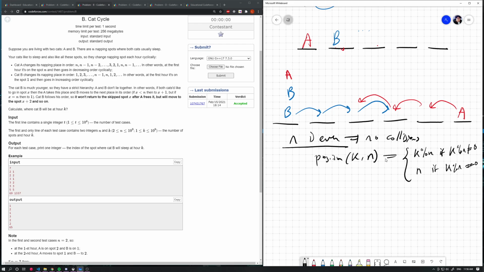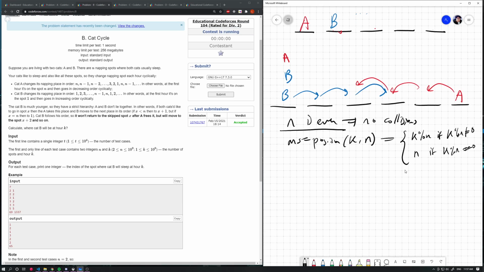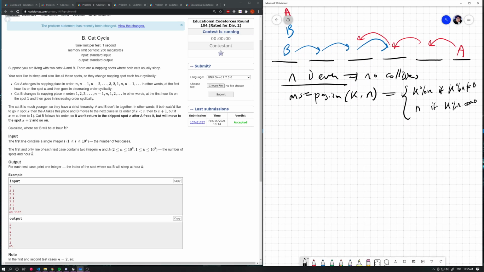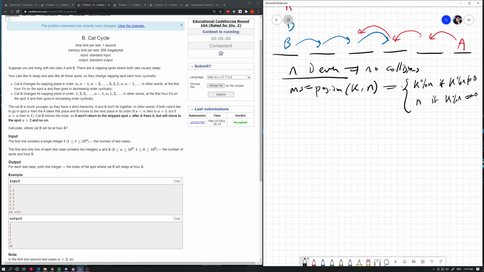So the answer is just the position of k and n if n is even, because there are no collisions. But now let's consider the case where n is odd.